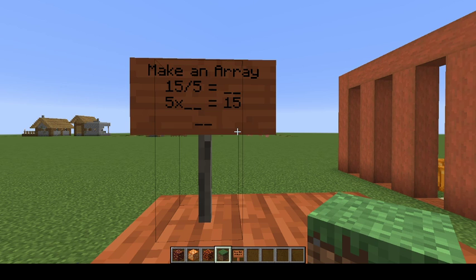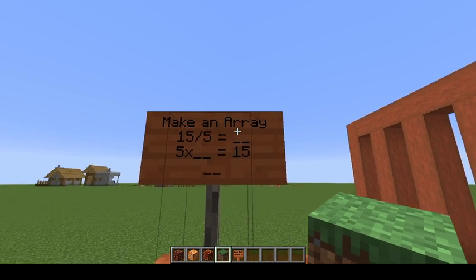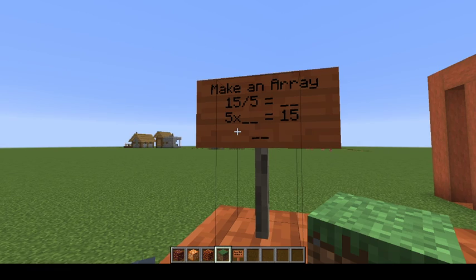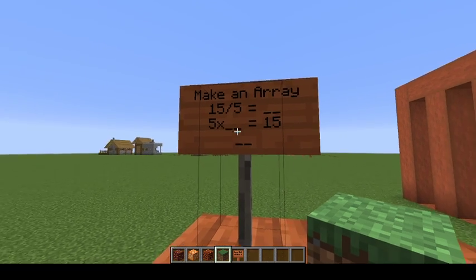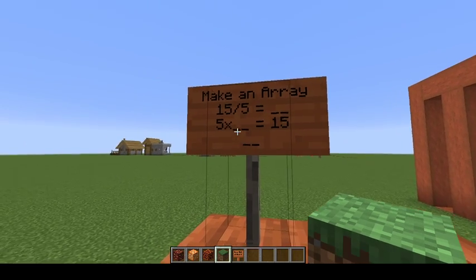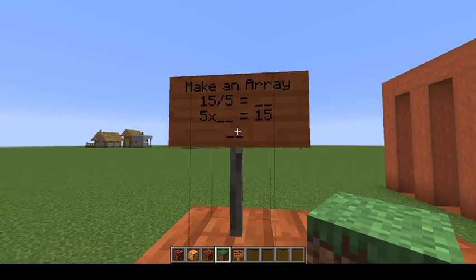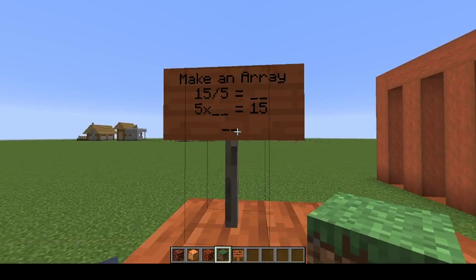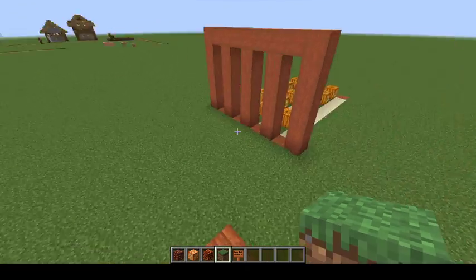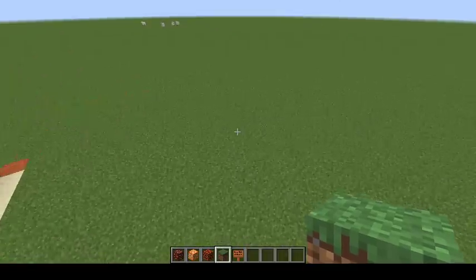And the equations are 15 divided by 5 equals blank. And we turn that into a multiplication equation, which is 5 times blank equals 15. And our magic numbers are the blanks there. That's what we're going to need to figure out today. So let me go ahead and fly up, double jump on my spacebar to fly.